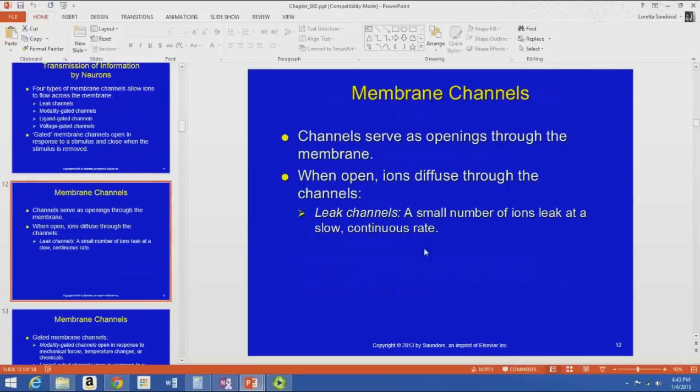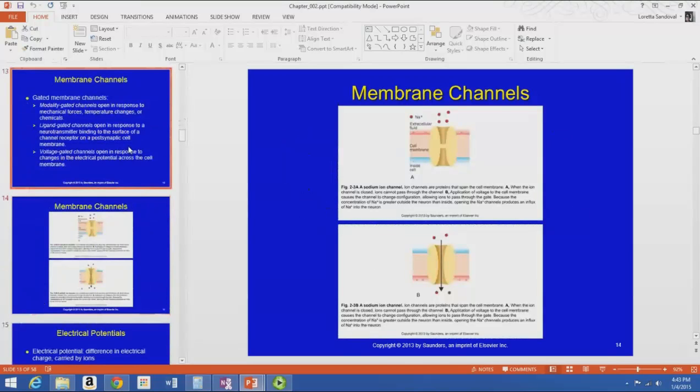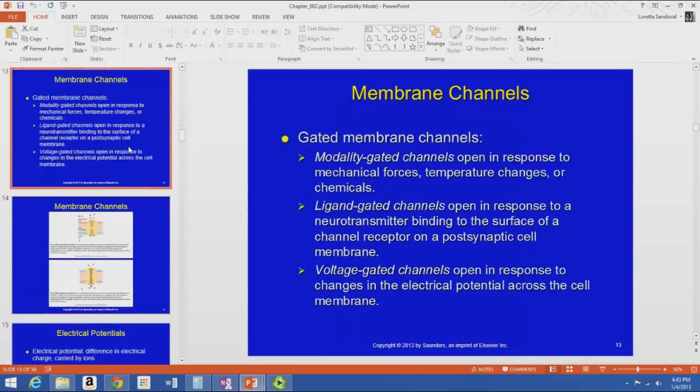We talked about the leak channels: a small number of ions leak at a slow, continuous rate. That's our drip irrigation. Our gated membrane channels, the 3 of them, are modality-gated channels, ligand-gated channels, and voltage-gated channels. A modality-gated channel opens in response to a mechanical force, temperature change, or a chemical change.